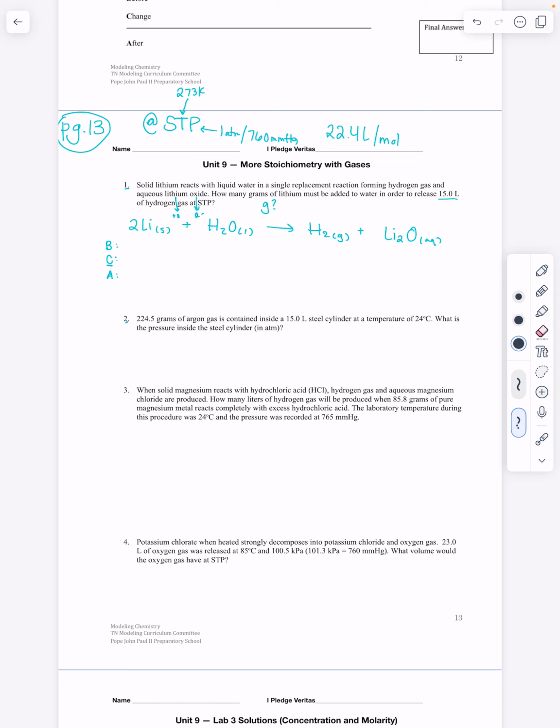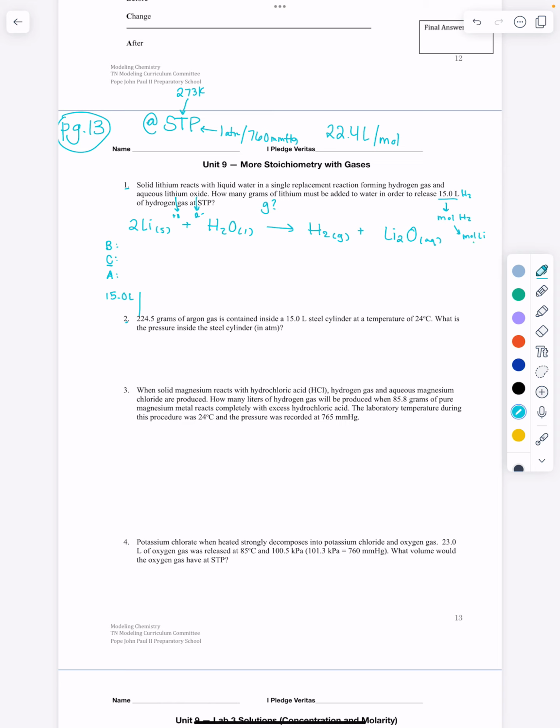So you use your conversion, 22.4 liters to moles, to figure that out. So we start with 15.0 liters, and we want to convert to moles. So basically the process is going to be liters of H2 to moles of H2, and then from moles of H2, we can figure out moles of lithium using our BCA chart.